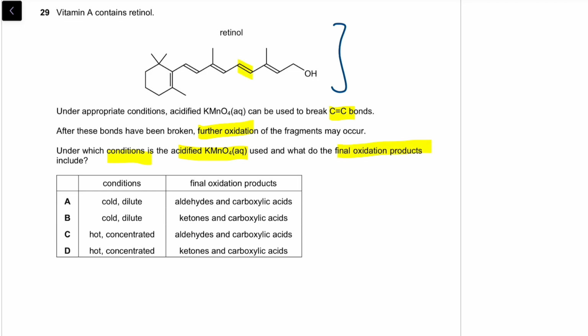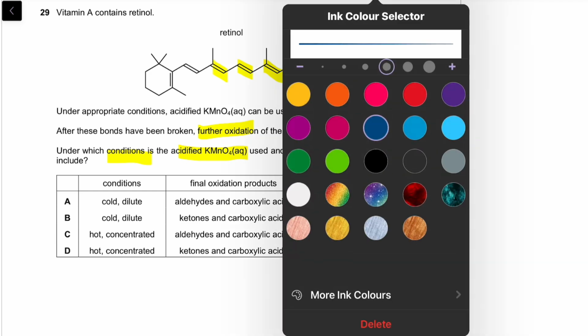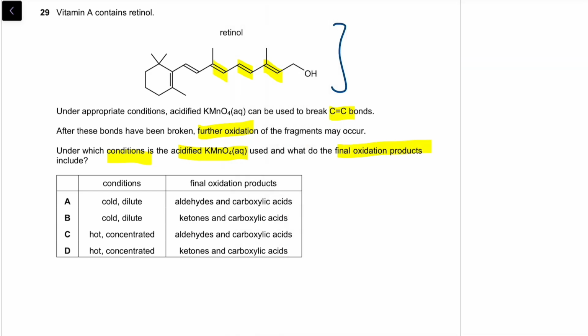So as you can see, we have some carbon-carbon double bonds, and the conditions that we require to be able to break these carbon-carbon double bonds is the potassium dichromate must be hot and concentrated. Now what we will end up getting is we're going to have these carbon-carbon double bonds be replaced by OH groups. Now at the end of this structure we actually have an OH group.